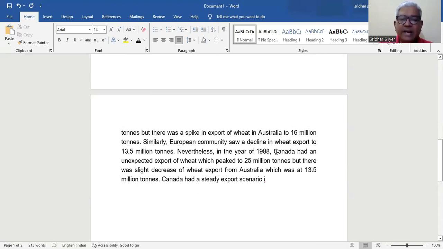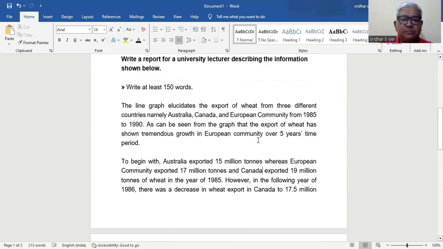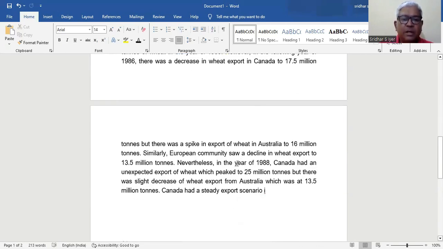Nevertheless, in the year of 1988, Canada had an unexpected export. Did Canada have, or yeah? Export of wheat, which peaked to 25 million tons, but there was a slight decrease of wheat export from Australia.